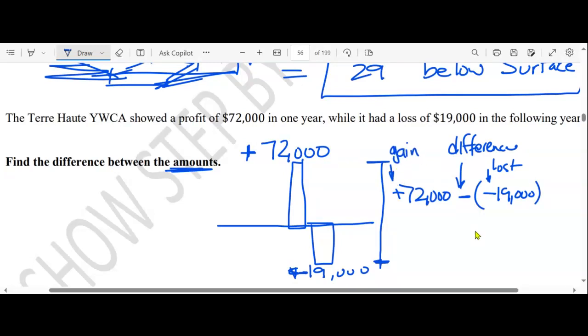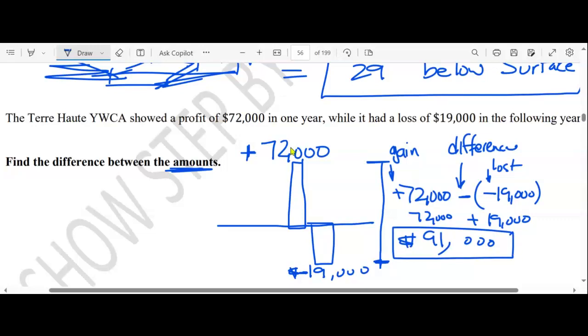So minus times minus. So what's the total? 91. So that's the difference. It means the distance between this value and this value. From here to here, 91,000. Okay? Clear?